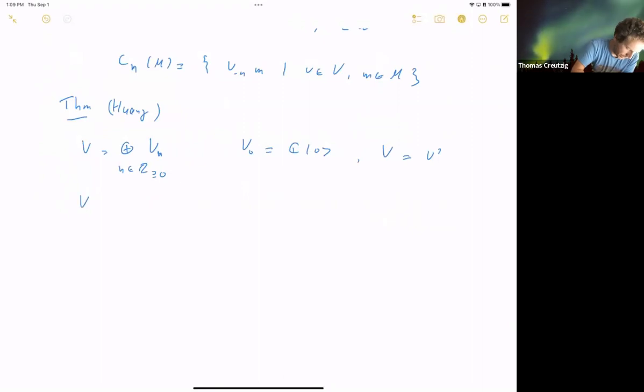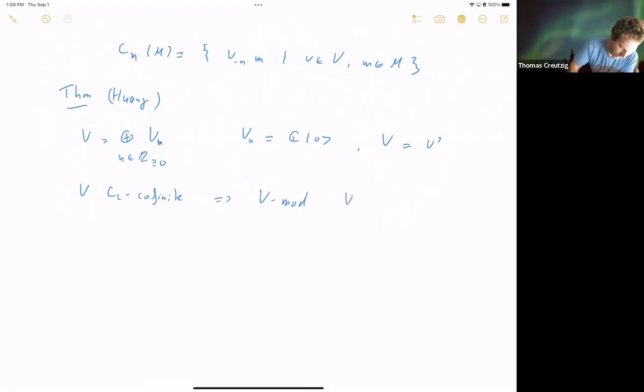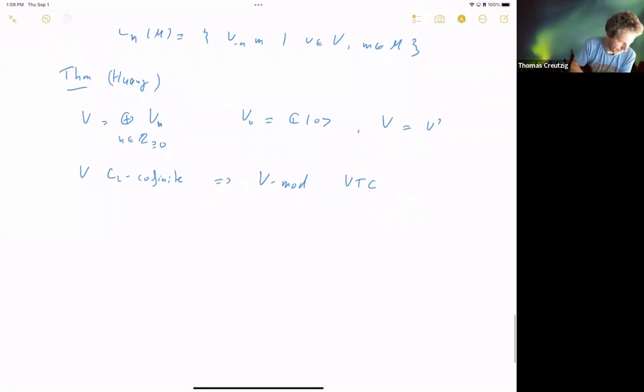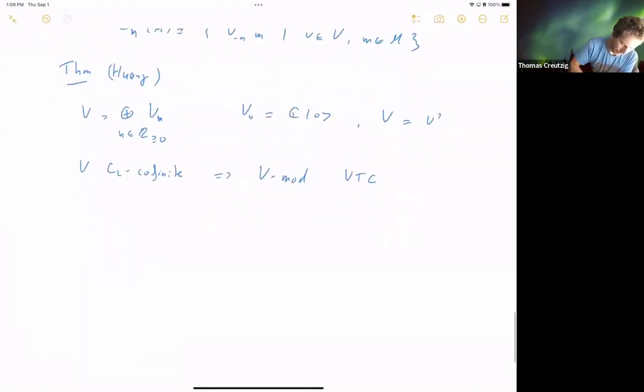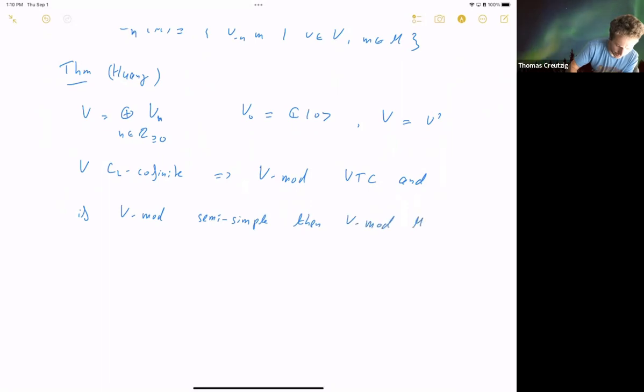But the important thing is if the VOA is in addition C2 cofinite, then the category of all modules of this VOA V is a vertex tensor category. And moreover, if in addition this category of V modules is semi-simple, so our VOA is rational, then this category of V modules is a modular tensor category.